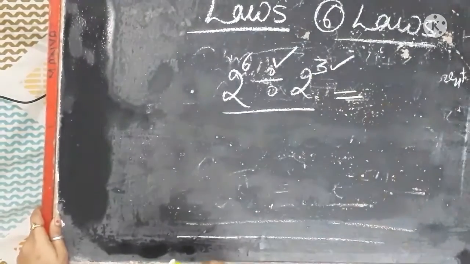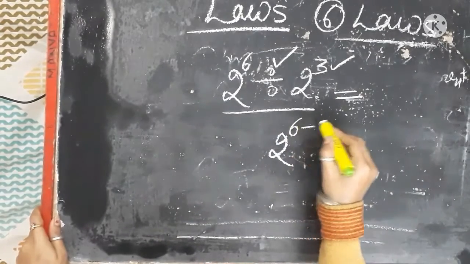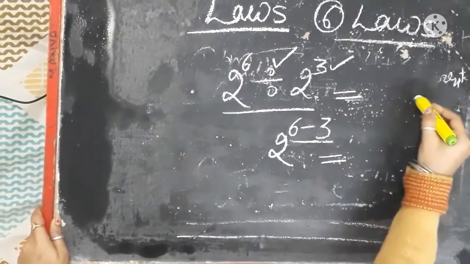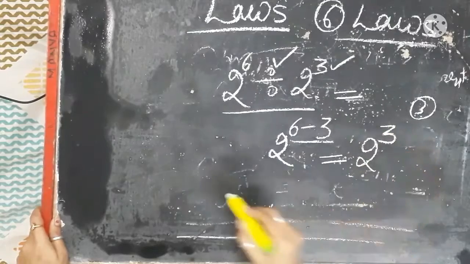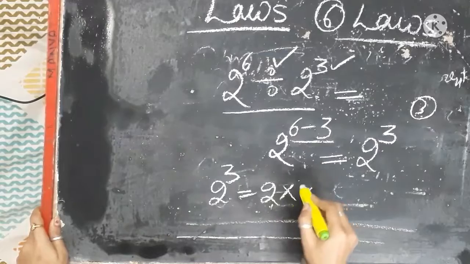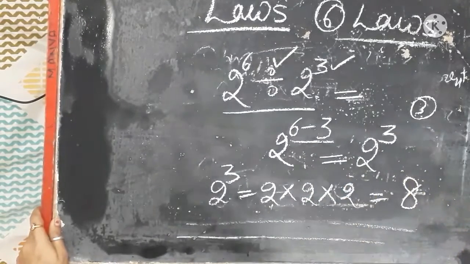So according to the law, we'll say 2 raised to the power 6 minus 3, and 6 minus 3 is again 3. So we'll write 2 raised to the power 3, and 2 raised to the power 3 is equal to 2 into 2 into 2, which is equal to 8. I hope this is clear to you.